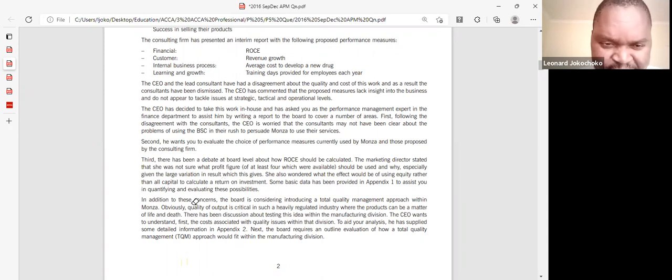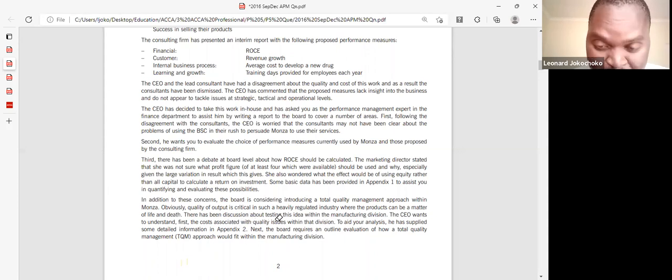In addition to these concerns, the board is considering introducing a total quality management approach within Monza. Obviously, quality of output is critical in such a heavily regulated industry, where the product can be a matter of life.